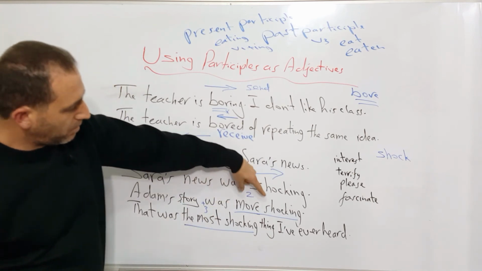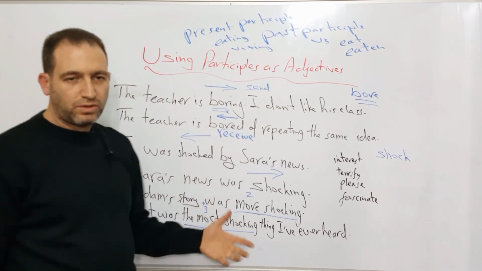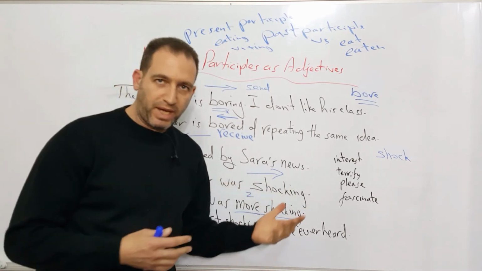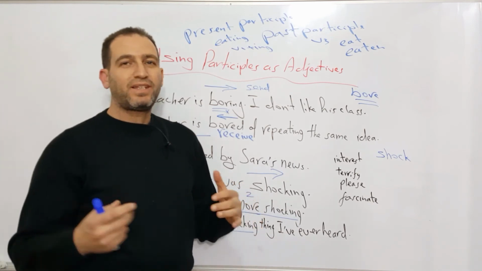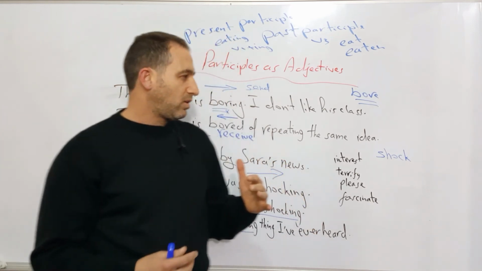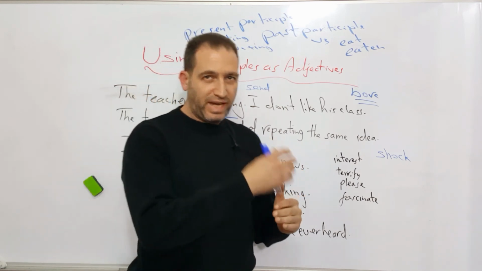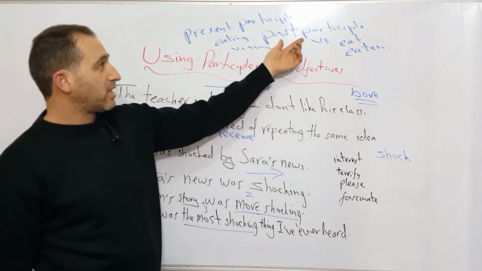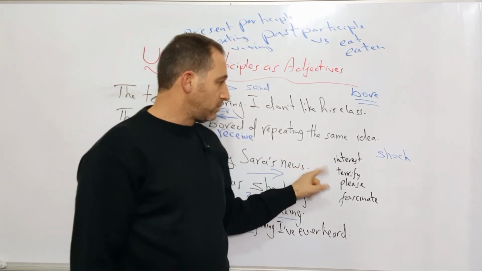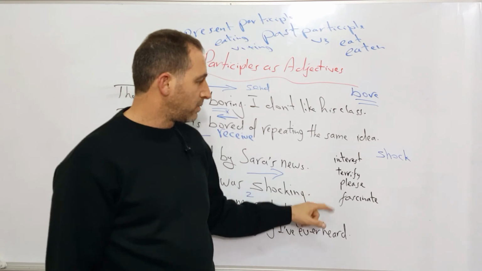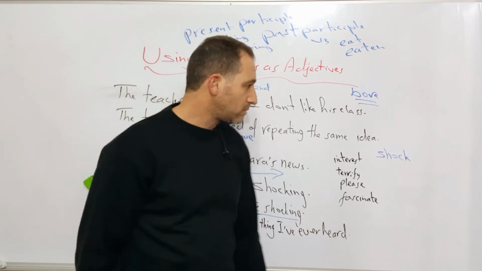So this is the comparative form, and this is the superlative form if you needed to compare. Okay, more examples of verbs that can be used in that way, being used as adjectives, as past participles, and as present participles. Interest, terrify, please, fascinate, stuff like that.